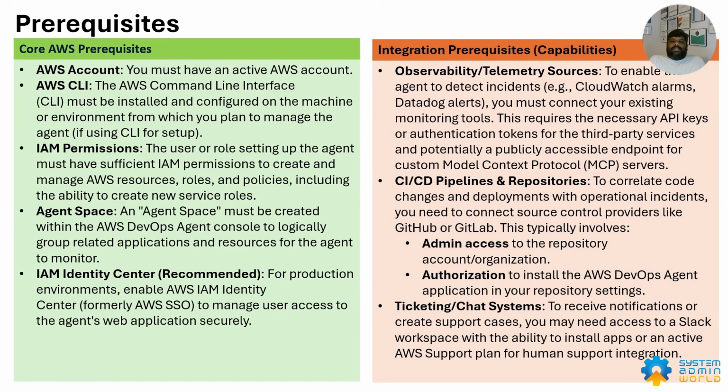For ticketing tools or chat systems like ServiceNow or any identity management tool, you may require particular access, and Slack workspaces require the ability to install apps, along with an active AWS support plan or human support integration.